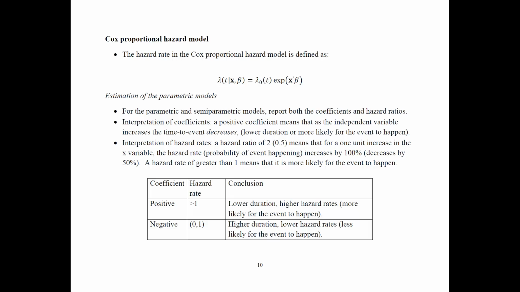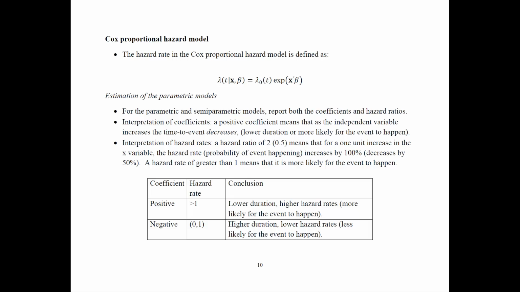This means that we have a lower duration, or more likely for the event to happen. Why? Because if we have fewer time periods, this means lower duration, and this means that it's more likely for that event to happen.